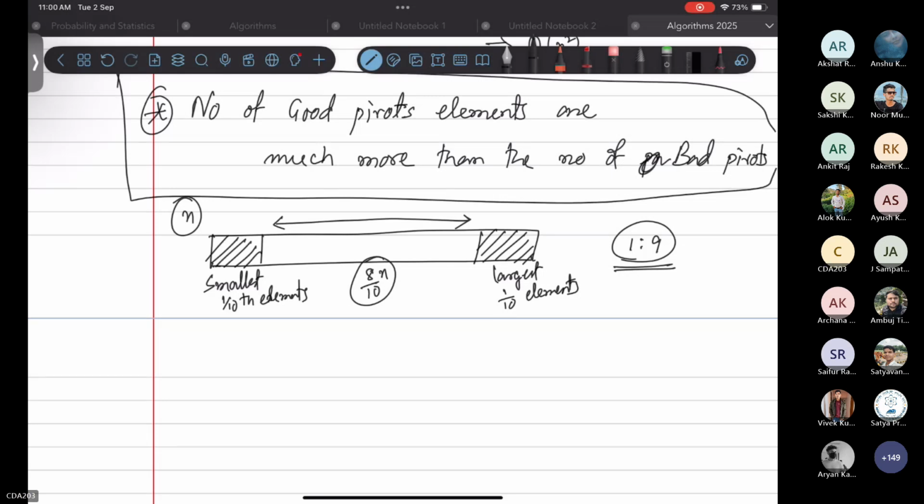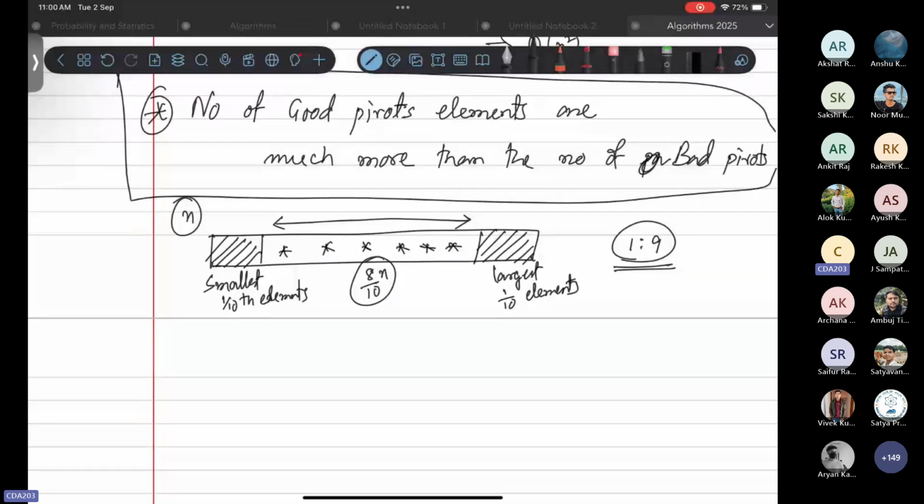So every element of this type is going to give you a better partition than 1:9, right? Better means like 5:5, 4:6, 3:7, like this. That's what I meant by better partition.